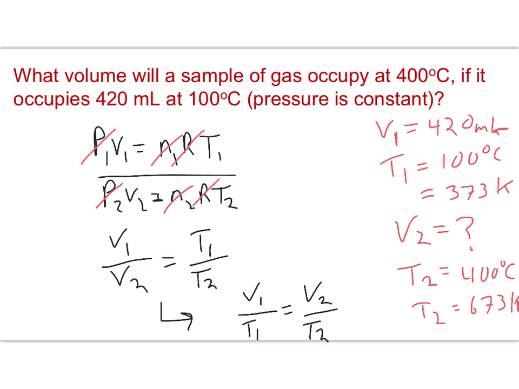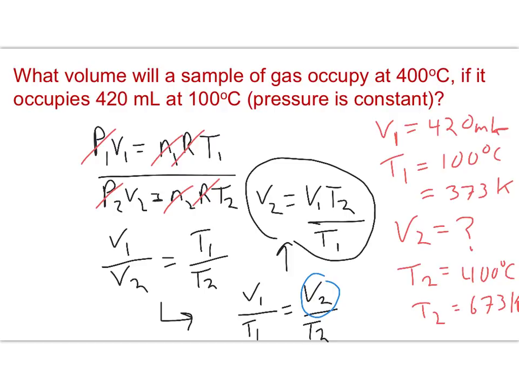Here we solve. The question is asking for V2. That means V2 is equal to V1 T2 over T1. That's the equation that's needed.